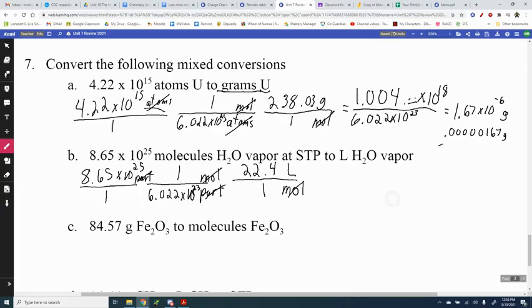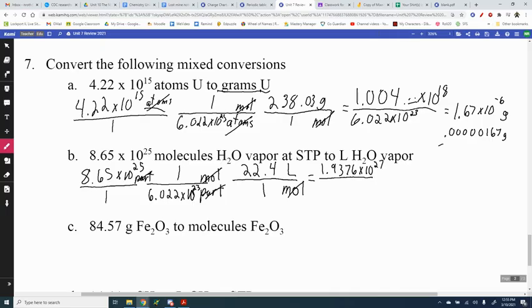That is where we want to be, so we don't need any more conversion factors. So we multiply all our top numbers, and we get 1.9376 times 10 to the 27th.